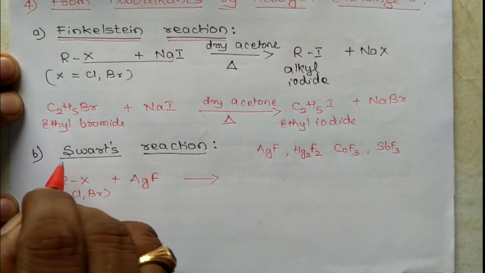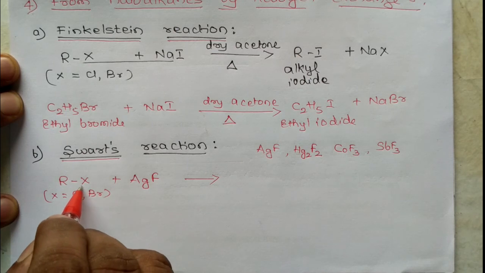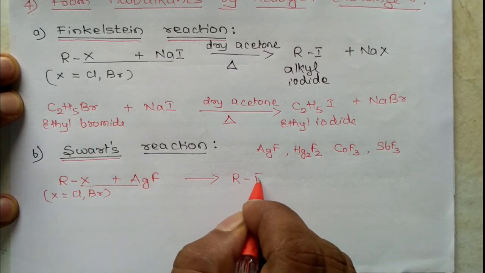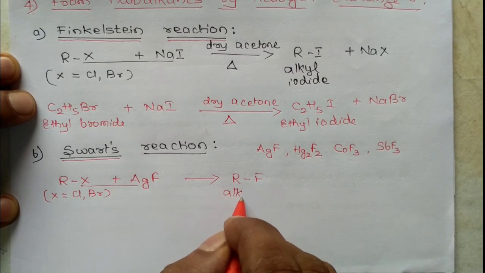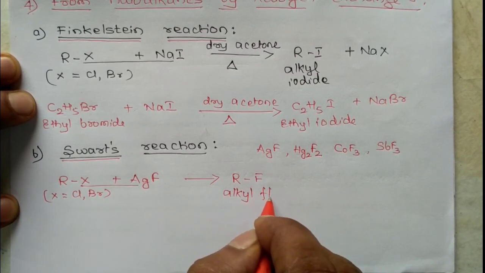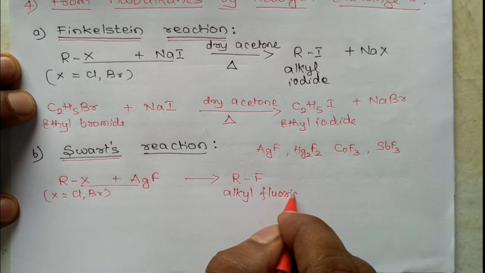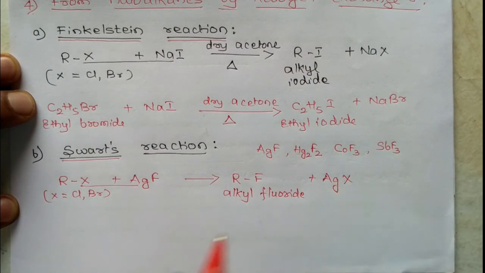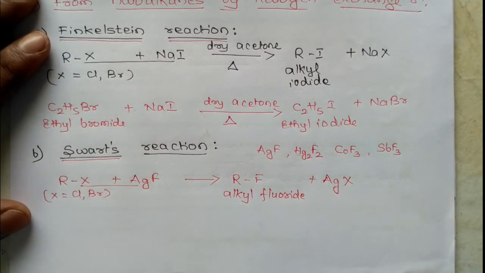This reaction is known as Schwarz reaction. Here you get RF, alkyl fluoride, plus AgX.